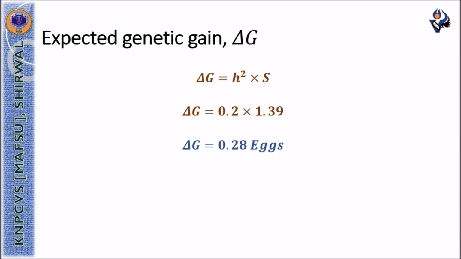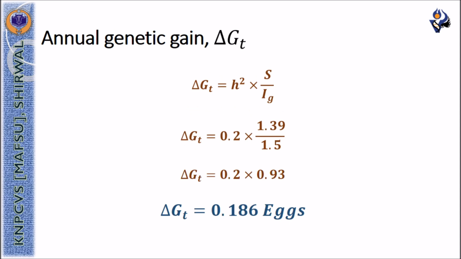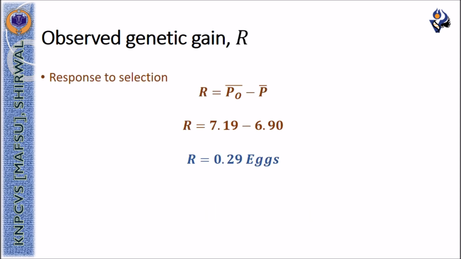Expected genetic gain is calculated with the formula heritability multiplied by selection differential, which comes to 0.28 eggs. The annual genetic gain is obtained as 0.186 eggs.